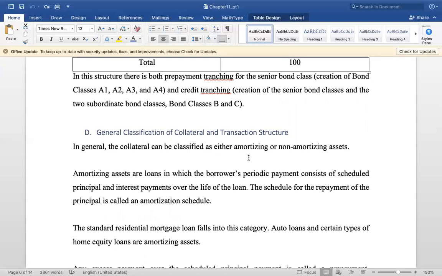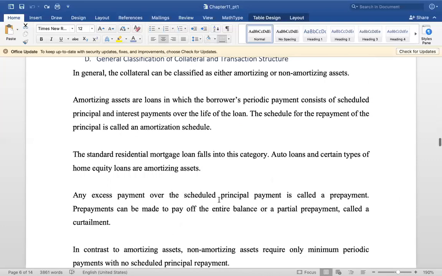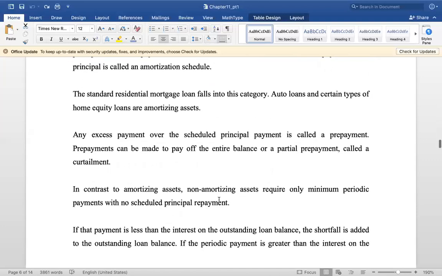In the case of amortized bonds, the schedule of repayments of the principal is called the amortization table. The standard residential mortgage loans fall in this category. Auto loans and certain types of home loans are also amortizing assets. Any excess payment over the scheduled principal payment is called prepayment, and that prepayment can be paid off the entire balance or a partial payment, called curtailment, as we already discussed.